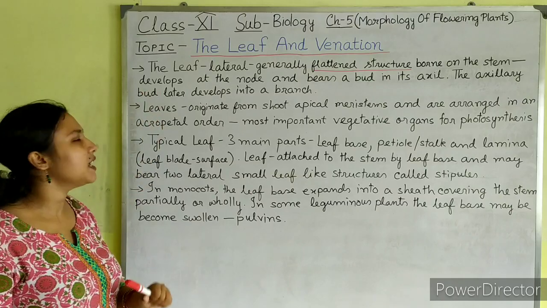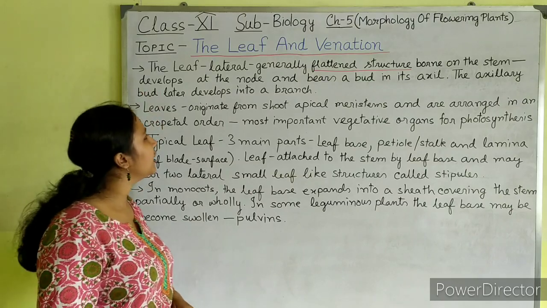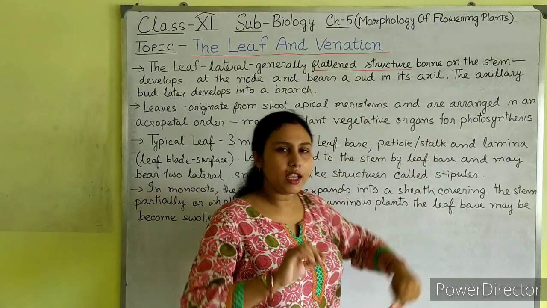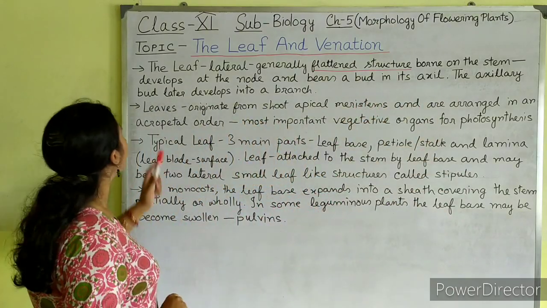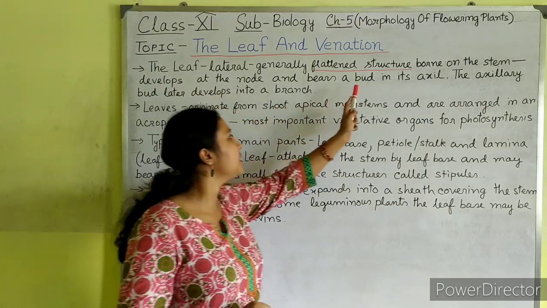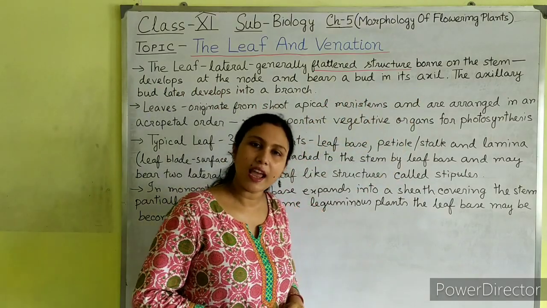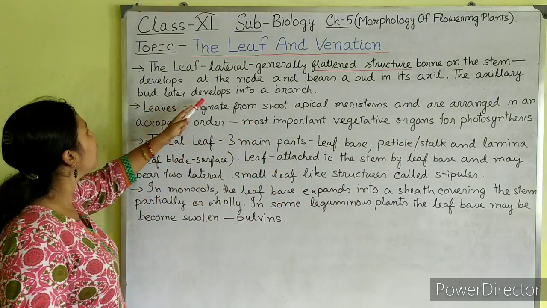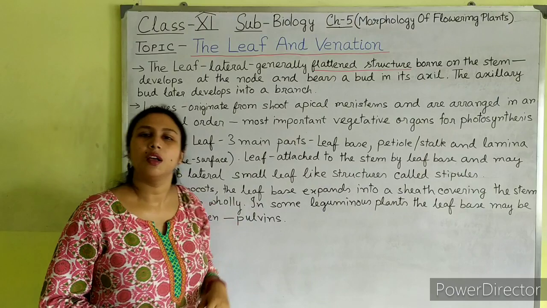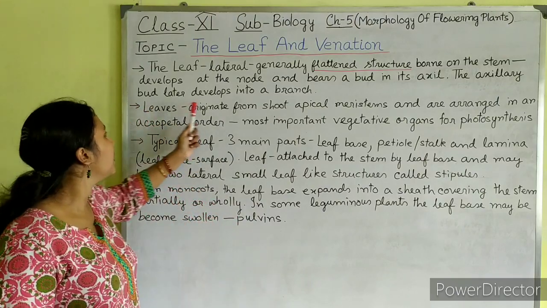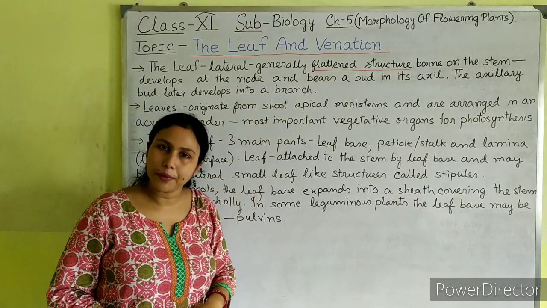So, the leaf is a lateral, generally flattened structure borne on the stem and which develops at the node and bears a bud in its axil. The axillary bud later develops into a branch.